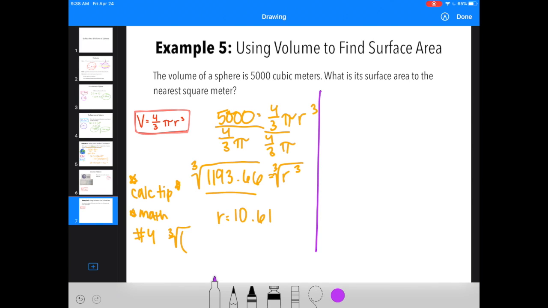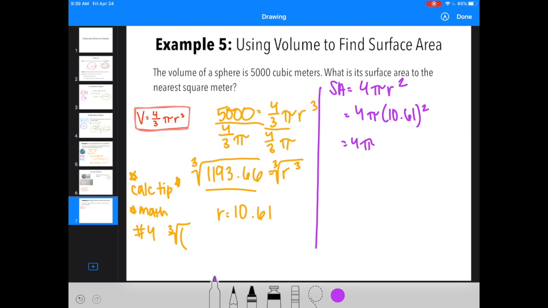Now for my surface area. What is my surface area formula? Well, that's going to be 4 pi r squared. All right, so 4 times pi times 10.61 squared. All right, time to go back to my calculator. So I'm going to click second answer, squared, which gives me 112.526.